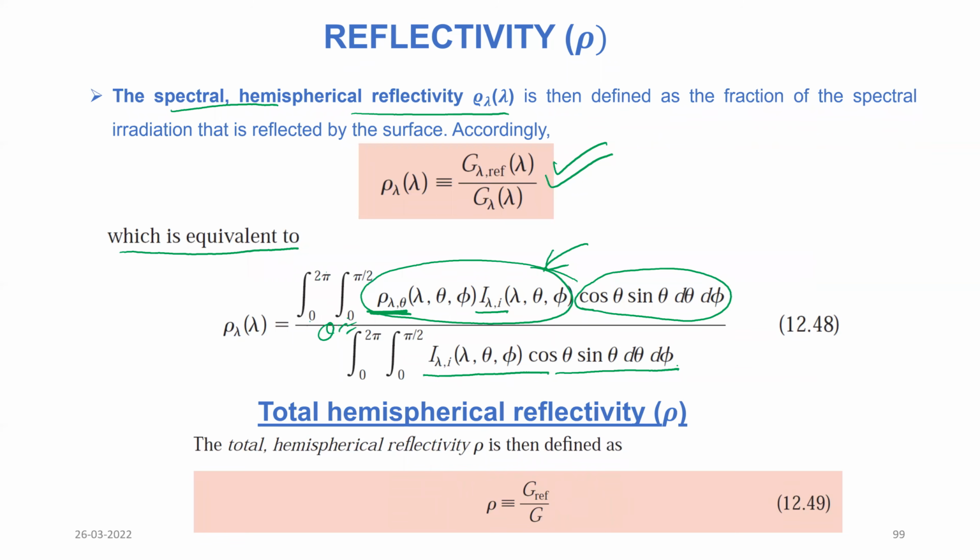If we want to calculate total hemispherical reflectivity, then total hemispherical reflectivity rho is defined as G reflected divided by G. What is G? G reflected is the irradiation which is reflected, and G here is the total incident energy falling on the surface. So the ratio of the two is rho. This is the reflected part and this is the total energy which is falling.